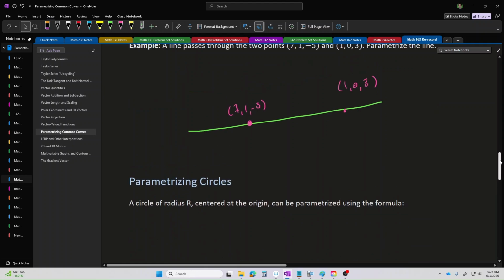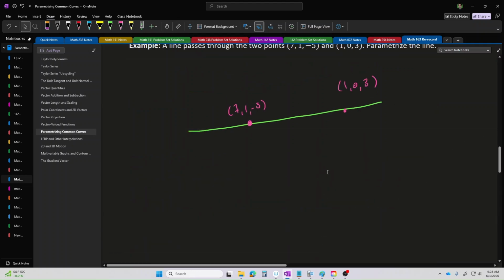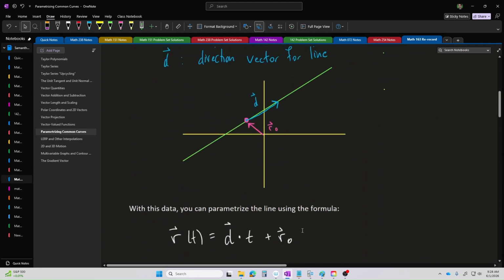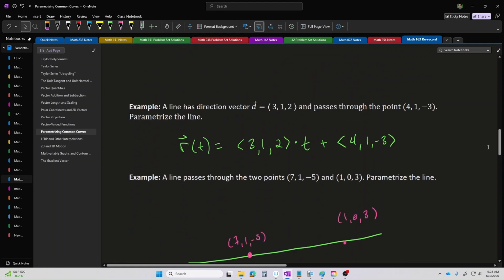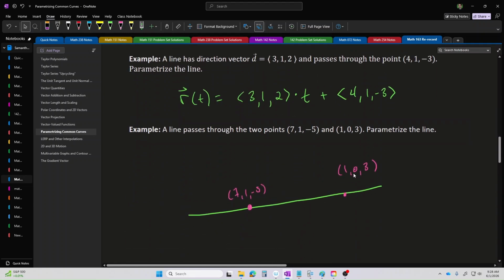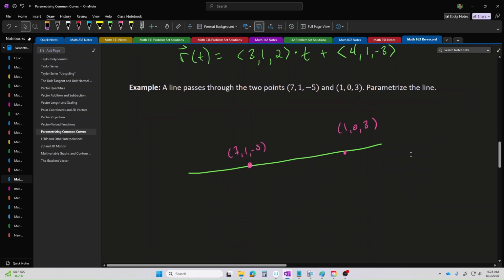Now, I could use either of these points as the r subscript 0 in my formula, but what I currently lack is information about a direction vector for the line. So do you have any ideas about how we might find the direction vector from these 2 points?